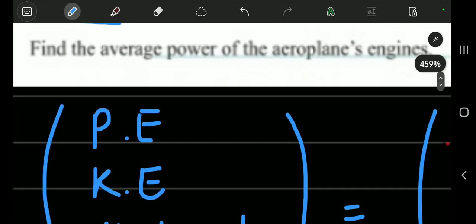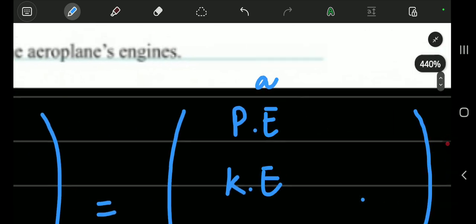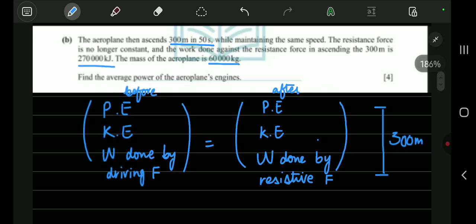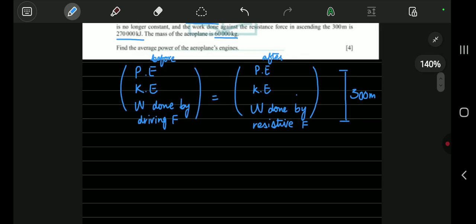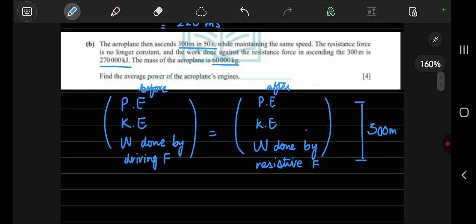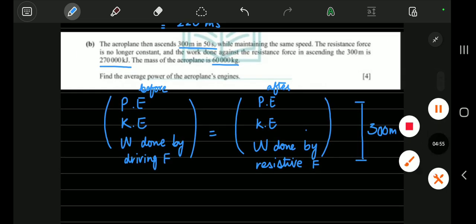Okay, before and after means if there is a journey where a body is moving up an inclined plane or coming down over an inclined plane, or a question like this in which we have the aeroplane that is ascending.